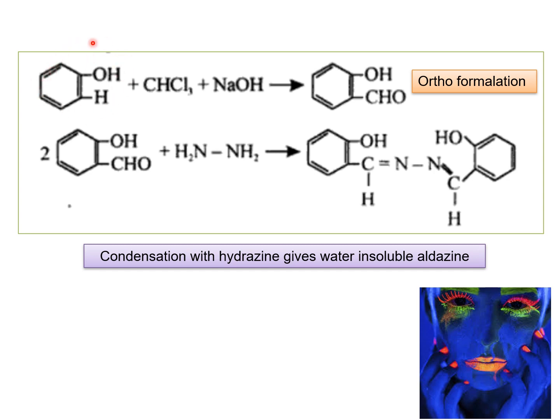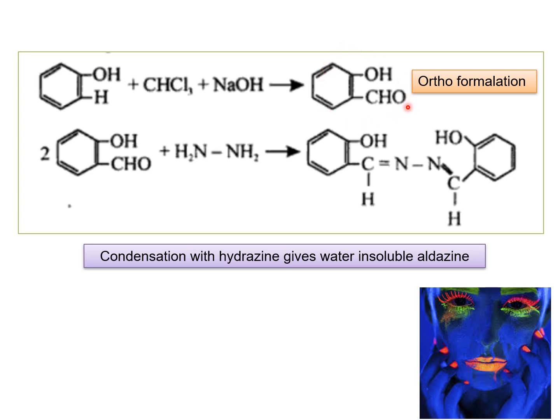So during this reaction, when phenol comes in contact with NaOH and then chloroform in the initial evaporation stage, there occurs formylation, and that is ortho-formylation. So ortho to this phenolic group, there is formation of an aldehyde. Now this is formaldehyde, so it is called formylation.